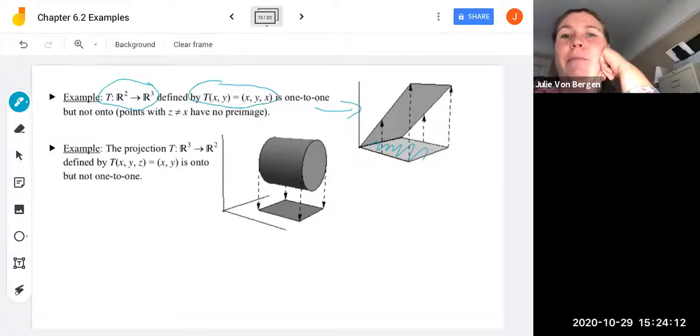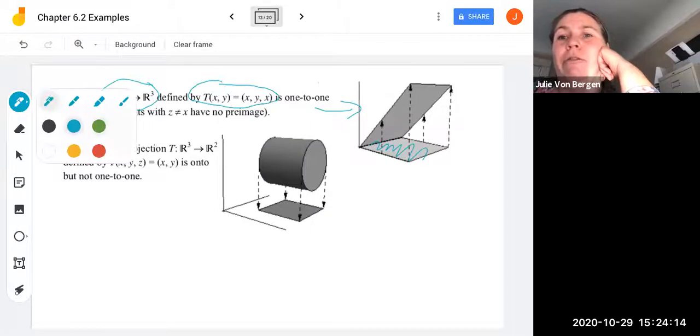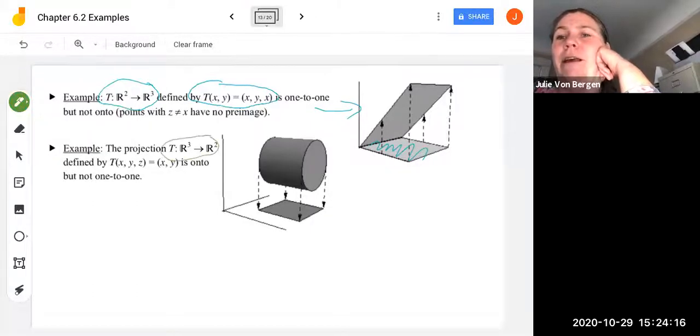And then a second example is if we've got the projection from R3 to R2. So this cylinder here is supposed to represent a part of R3. There's no good way to draw R3. And it's defined by T of (x, y, z) equals (x, y). So you capture 3D points and map them onto the plane, but you lose z.